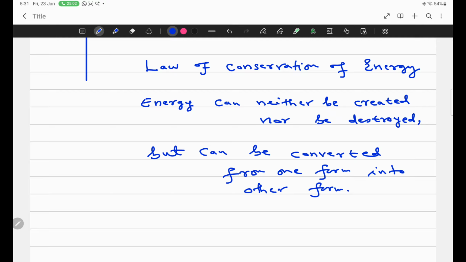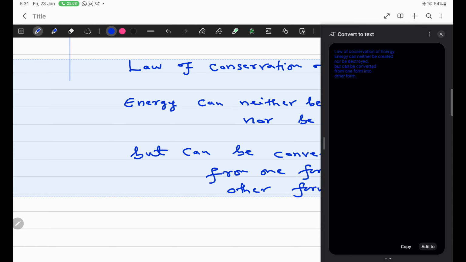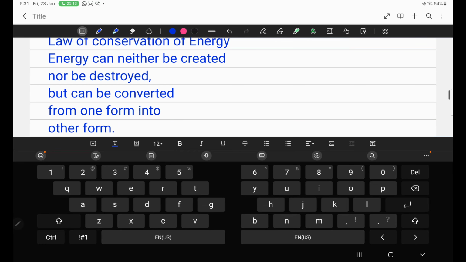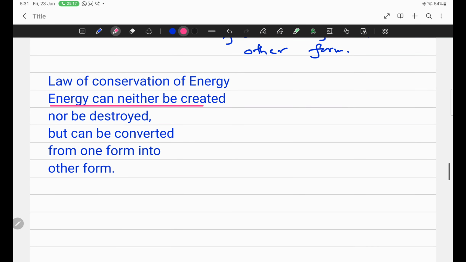So what does it mean? It means that energy remains constant. Energy can neither be created nor be destroyed. You cannot create energy. You cannot destroy energy. You can convert energy from one form into the other form.